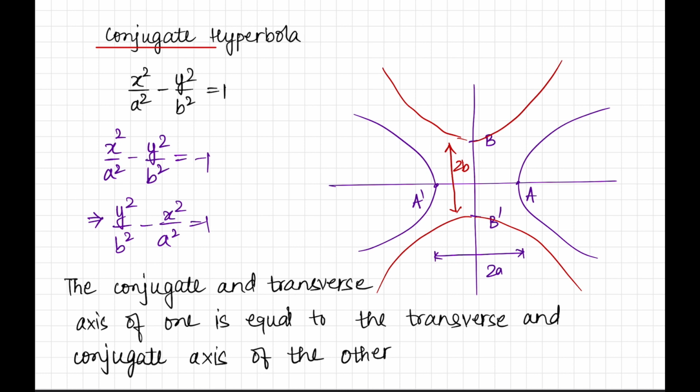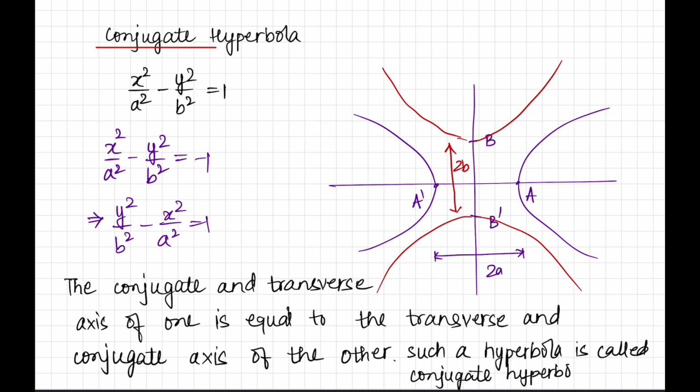Such a hyperbola is called a conjugate hyperbola. So if this standard hyperbola is represented by a letter H, the conjugate is represented by C. This is a very important result which we must try to remember.